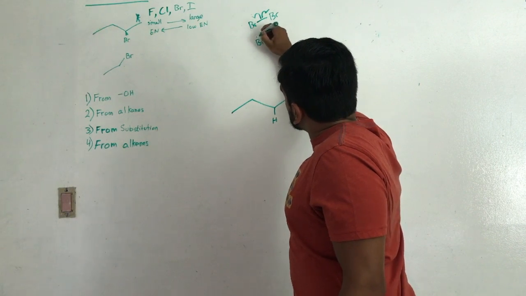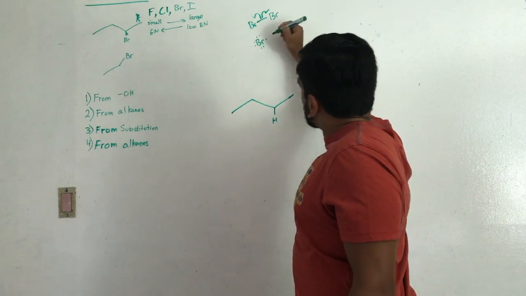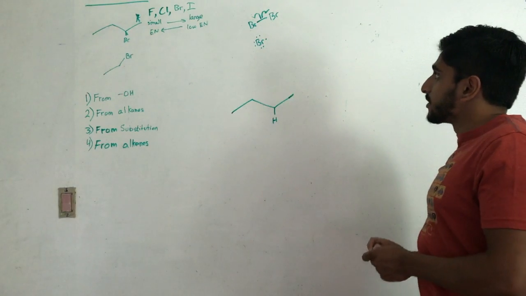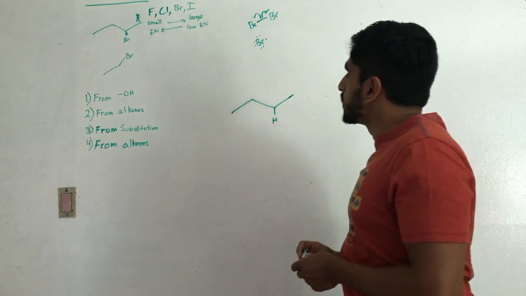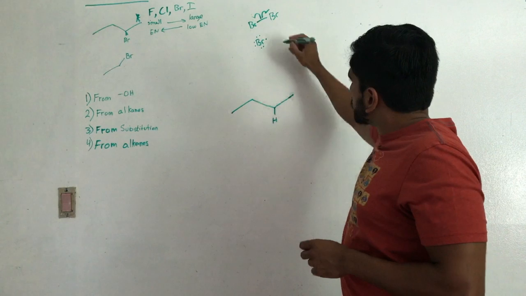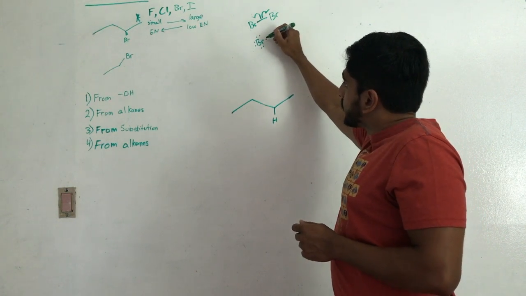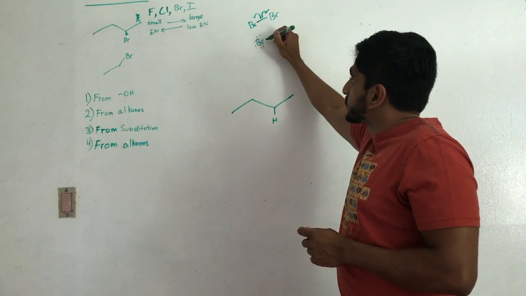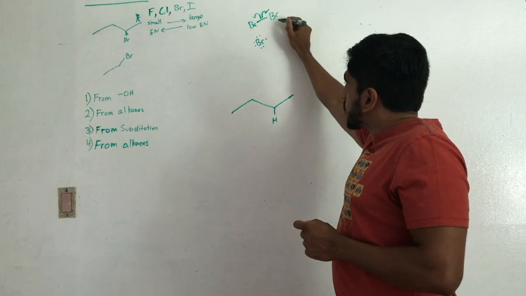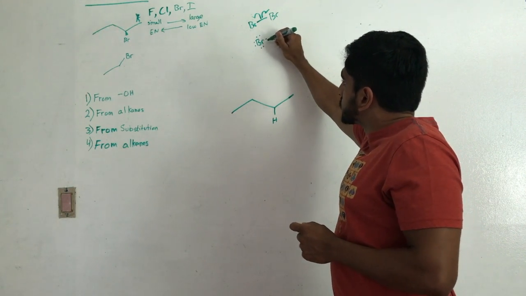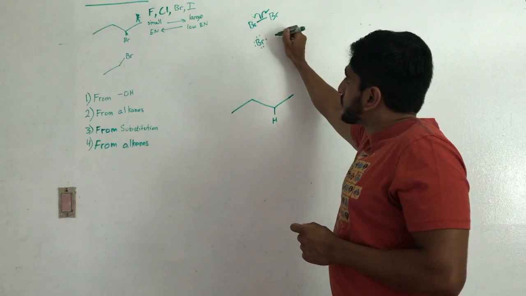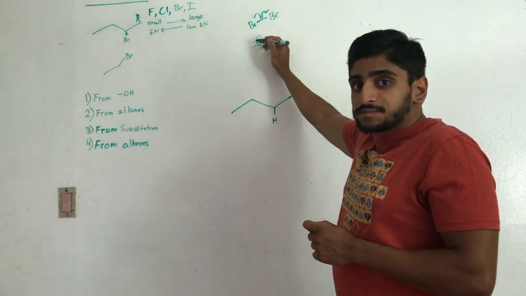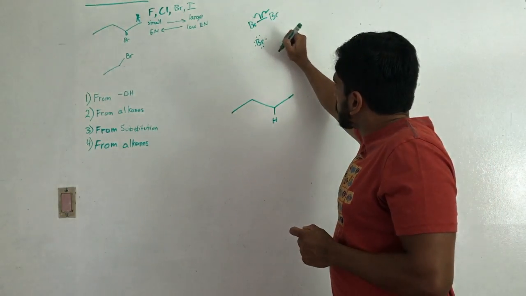So one electron goes to each atom within the diatomic system. So now essentially what you have is a Br radical. This is very unstable, and it really doesn't like having seven electrons around it. And since it's not diatomic anymore, it really wants either another electron or a bond that can stabilize this free radical.